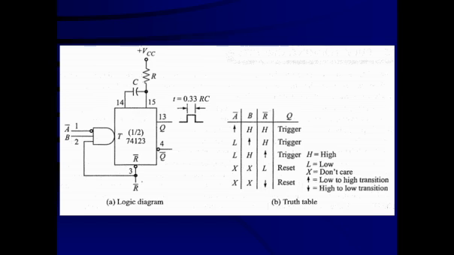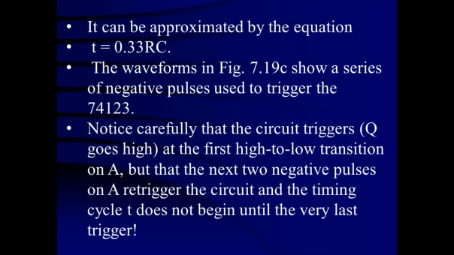That is the meaning of resetting. It can be approximately the equation T is equal to 0.33 R into C. The waveform in figure 1.19c shows a series of negative pulses used to trigger the 74123.